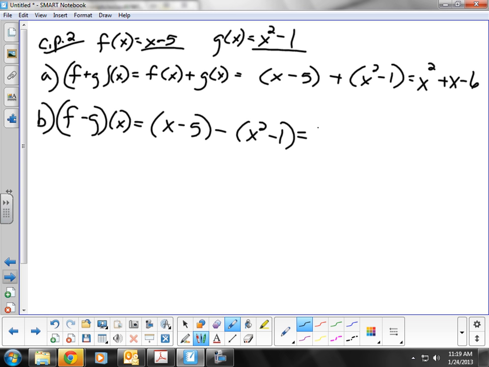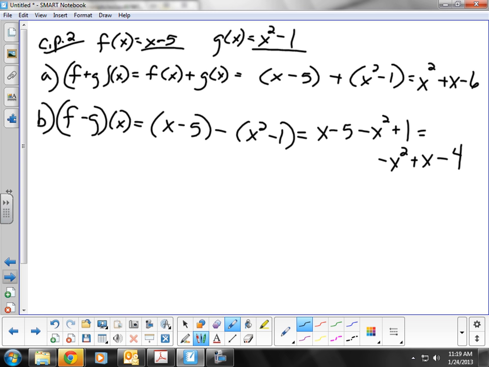So I'm going to rewrite this. That's x minus 5 minus x squared plus 1. Everybody gets the minus x squared part, but they forget to make the negative 1 into plus 1 because it's minus a negative. And now I'm going to combine like terms just like I did on the last one. I got negative x squared plus x. This time I'll get minus 4.